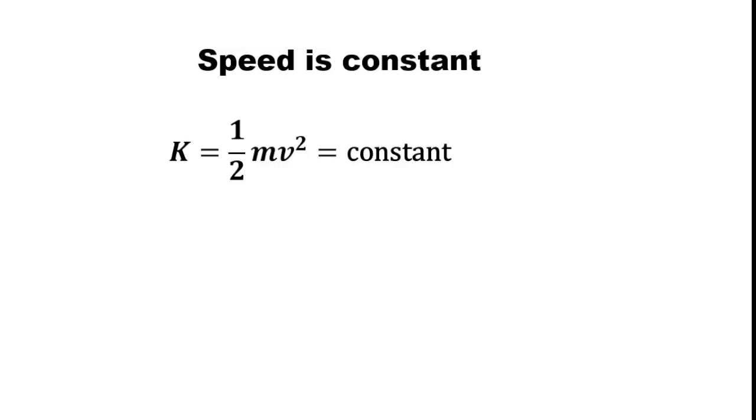Moreover, this conservation of kinetic energy, that is half m v squared is equal to constant, also gives us the message that the speed of the particle, that is v, also remains constant. It does not change with time. It is not a function of time.